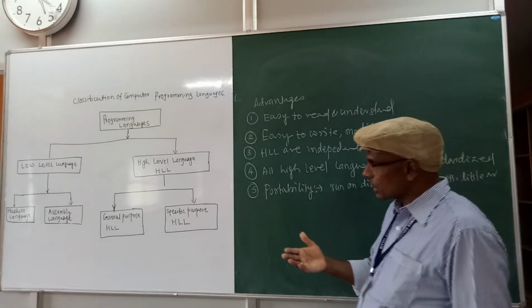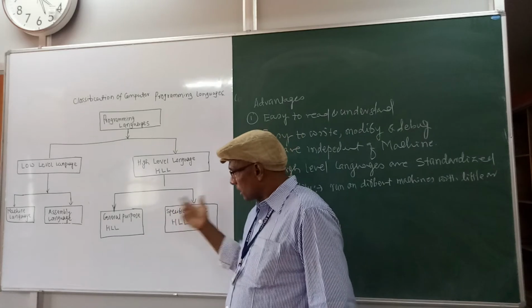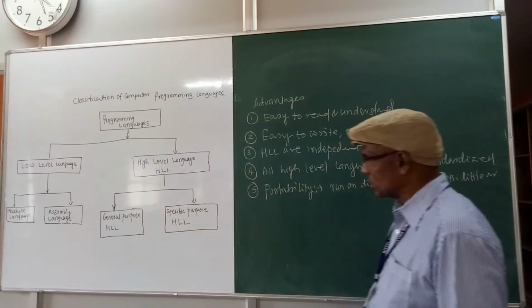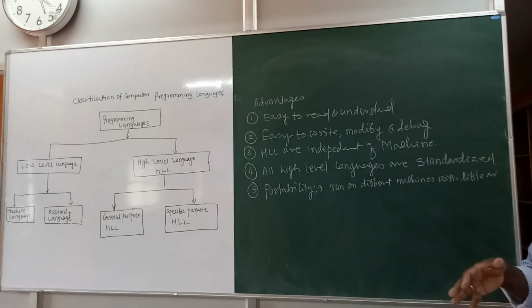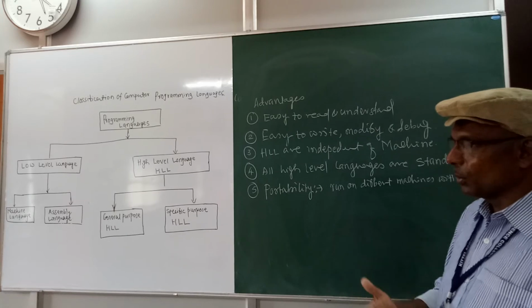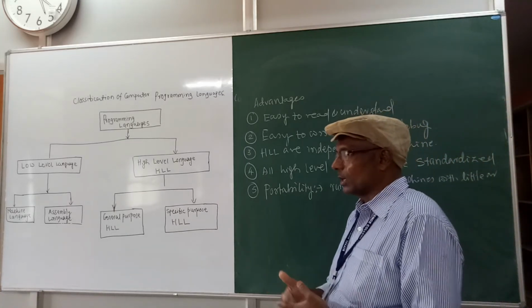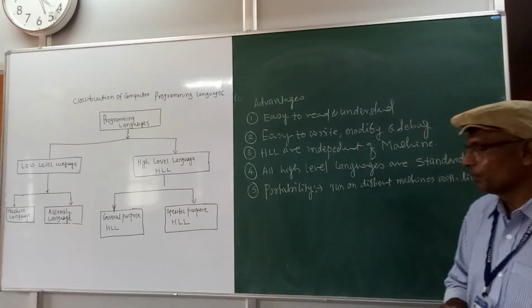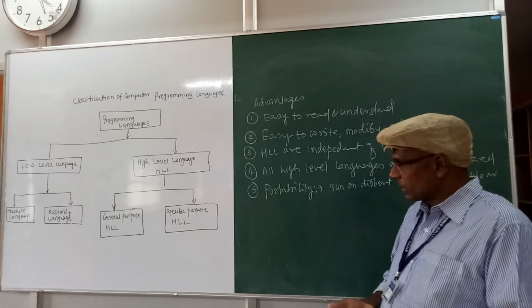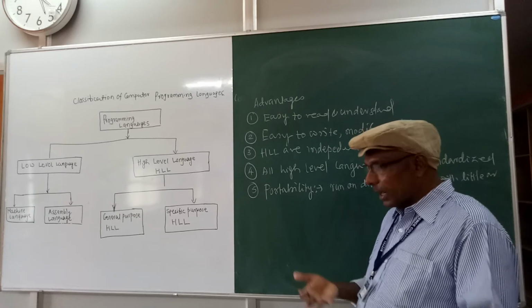High level languages are of two types: general purpose languages and specific purpose languages. In all these languages, we write instructions or a program in English like language, easy to understand, easy to read and write.